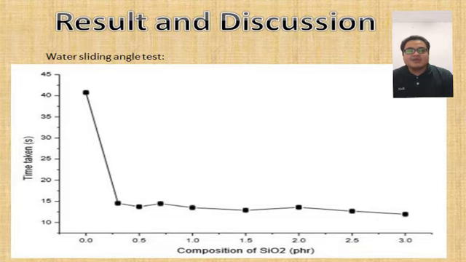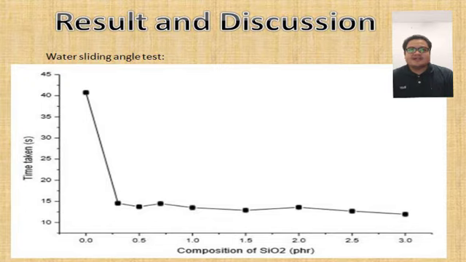As we add more silicon dioxide to the coating, the time taken for water droplet to slide down decrease. The fastest time recorded is at the highest amount of silicon dioxide addition, which is at 3.0 pHr, which is 11.95 seconds.